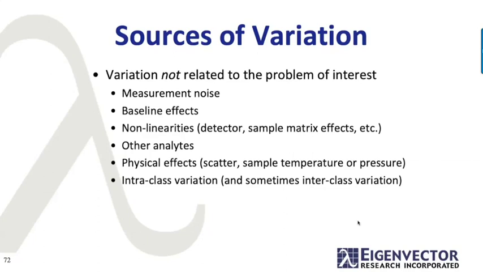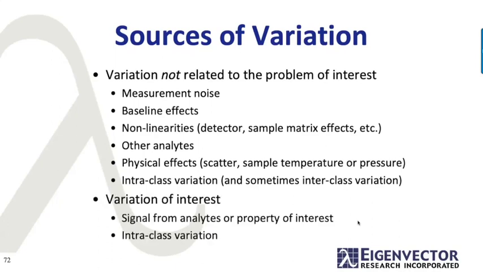And then physical effects such as light scattering and sample temperature or pressure variations. We're generally looking for the chemistry, not the physics here. Intra-class variation, variation within a class, that's more of a classification thing.